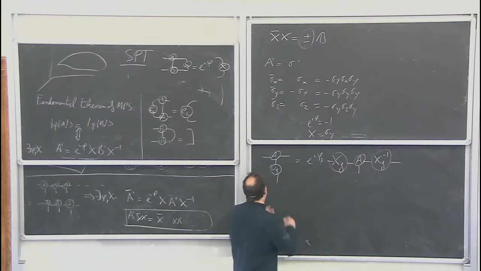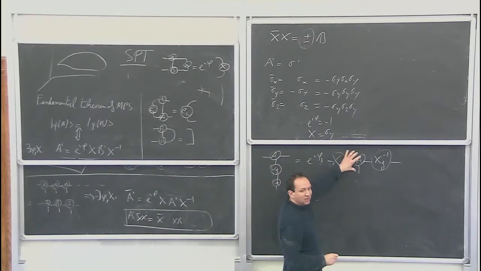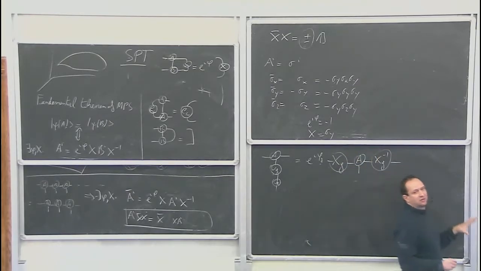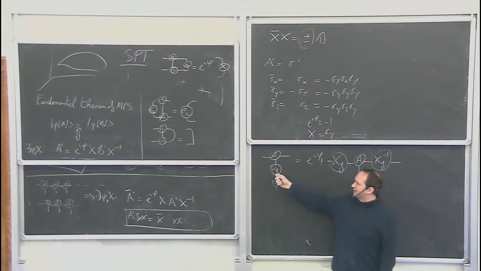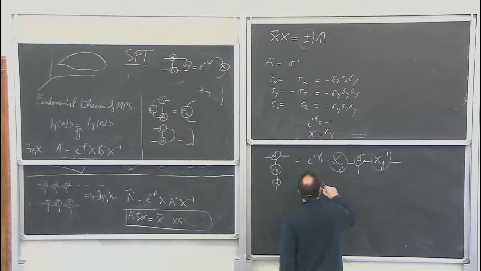If I multiply U_g and U_h, obviously this will give me the group element gh, and indeed I will get X_g times X_h here. But you also get the inverses. So what it tells you is that this X_g does not have to be a representation of the same group. Only X_g tensor X_g bar.